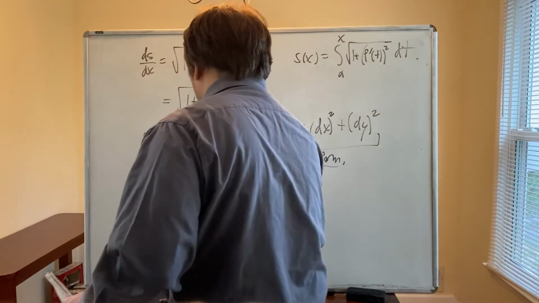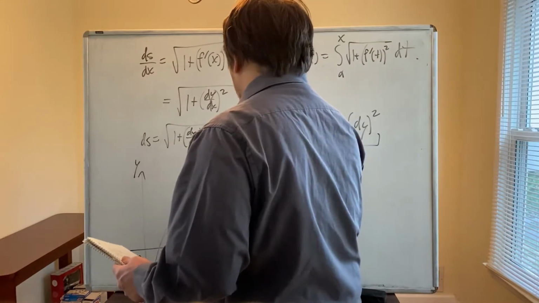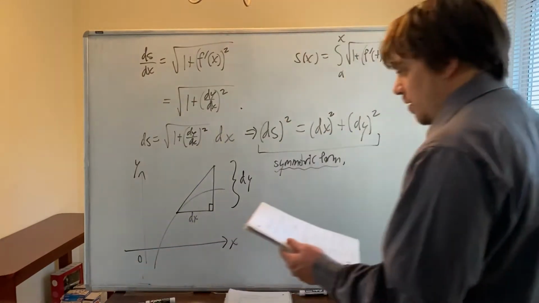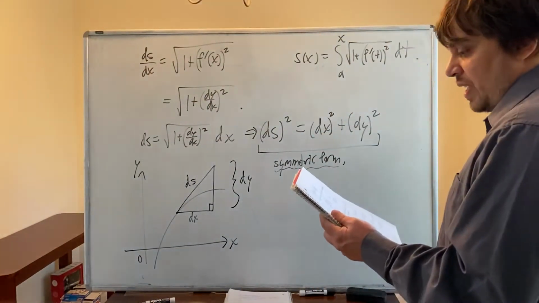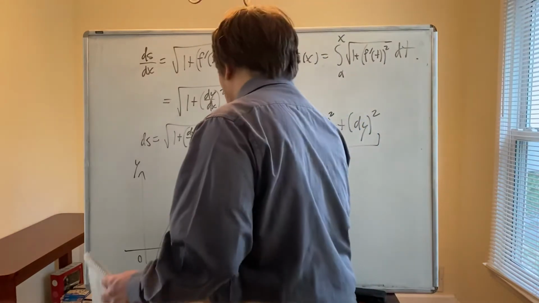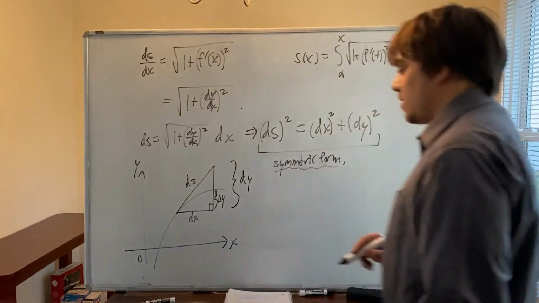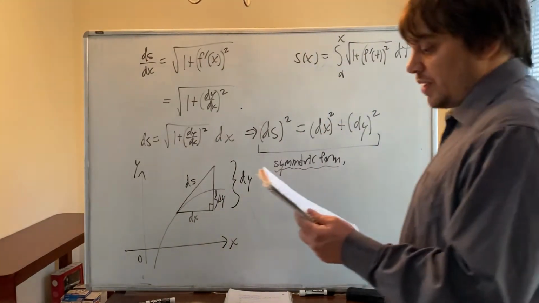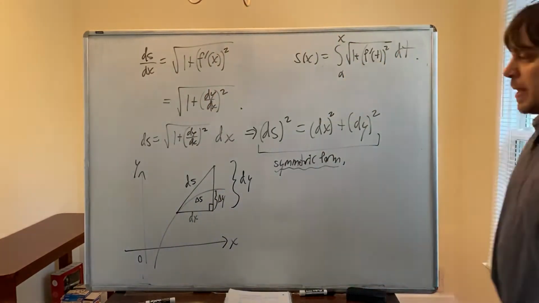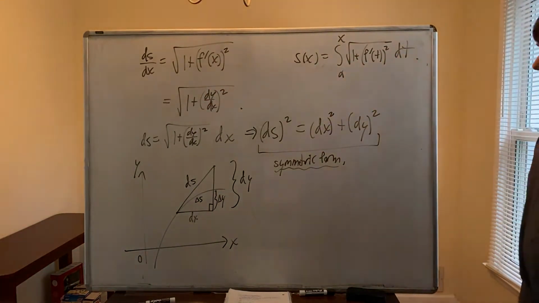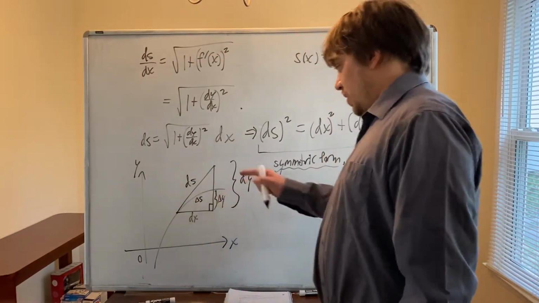Okay, dx is the length of that leg of the right triangle. dy is the length of that leg. ds is the length of the hypotenuse. And then delta y is the actual change in height from the starting point to that point. That's delta y. And delta s is the length of the arc on the curve, the length of there. Okay, and that's illustrating what's meant by dx, dy, ds, delta s, and delta y.